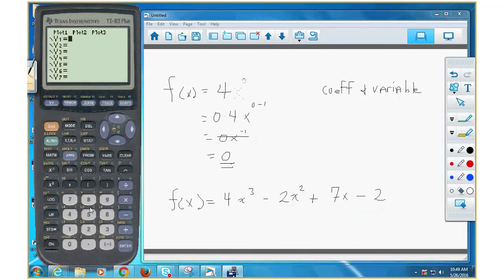Y is equal to 4x to the third minus 2x squared plus 7x minus 2. Zoom 0. Okay, it looks kind of like that.